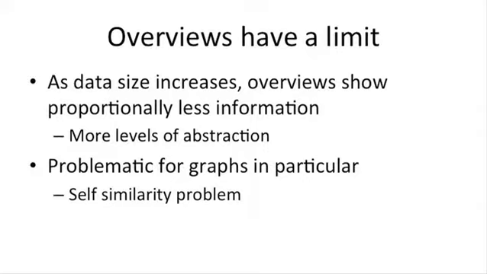Because this is a fundamental limit of the perceptual system of the human eye, human brain. So as the data increases further and further, this perceptual limit really restricts how much of the data we can show. Because if there's a finite amount of data we can transmit at any given time to the user as an overview, as the data increases, this fixed limit stays the same, so we're showing less and less of the data as the data keeps growing.